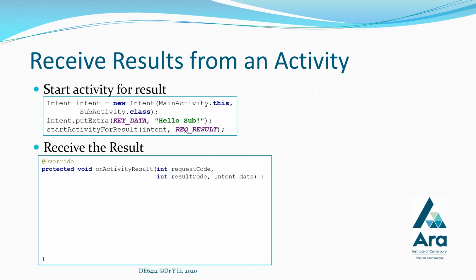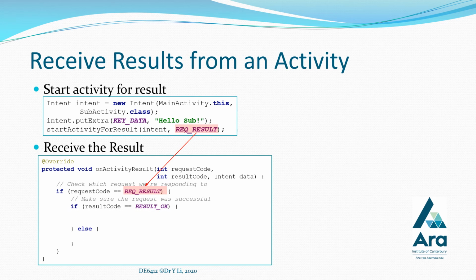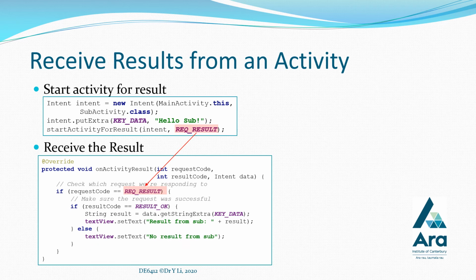The result code and the data held by the intent are from the sub-activity. So we need to check if the finished activity is the one we just requested. If they are not matched, don't do anything. Also check if the result is okay or not. If yes, do something. Otherwise, do something else.